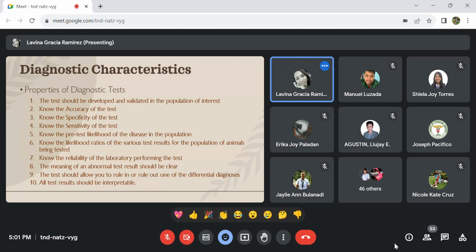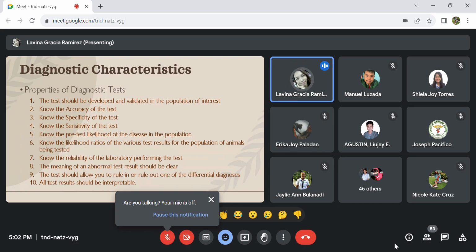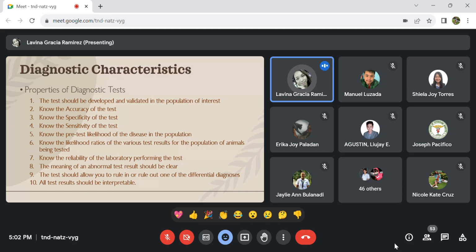So we have these properties. The first one, the test should be developed and validated in the population of interest. All of those diagnostic tests in the market now underwent a lot of clinical trials prior to being marketed. That is for validation. If you remember, when some of you presented your proposals, we asked about the validity, specificity, and accuracy of your test, to know whether it is applicable to this kind of condition or disease, and this sample, because it might vary.